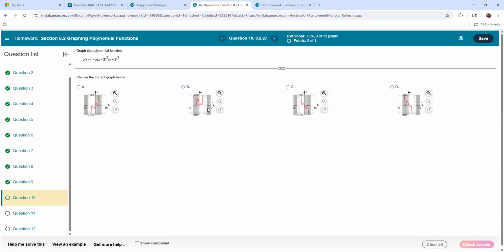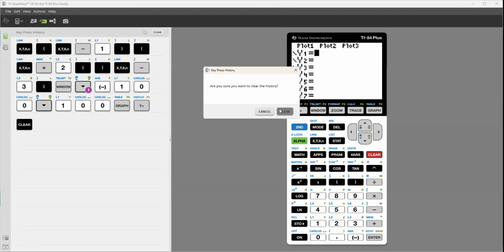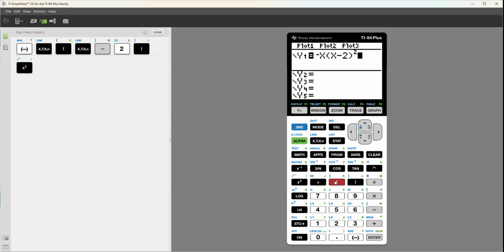All right, y'all, so let's go to our calculator. So I'm going to clear this out. All right, so I had a negative x, and then x minus 2 squared, and then x plus 3 squared.